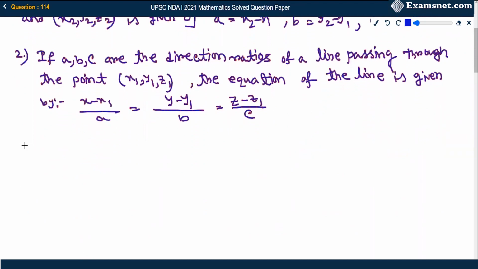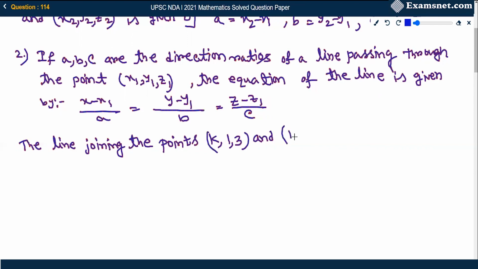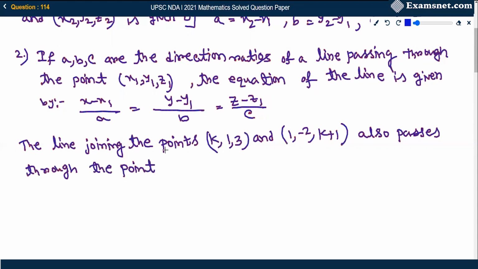The line joining the points k, 1, 3 and 1, -2, k plus 1 also passes through the point 15, 2, -4.